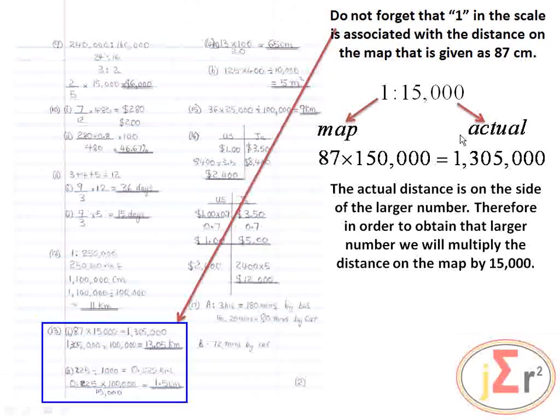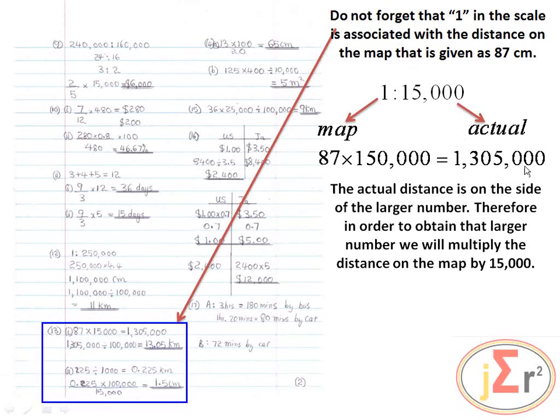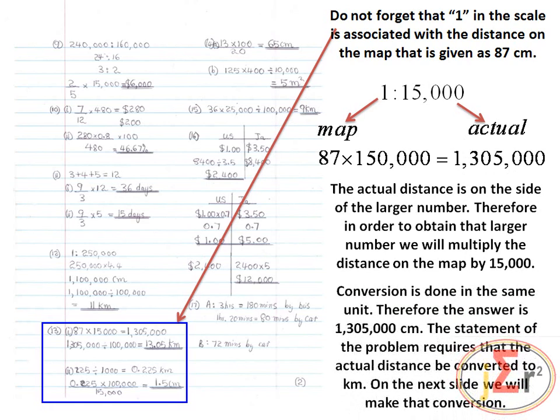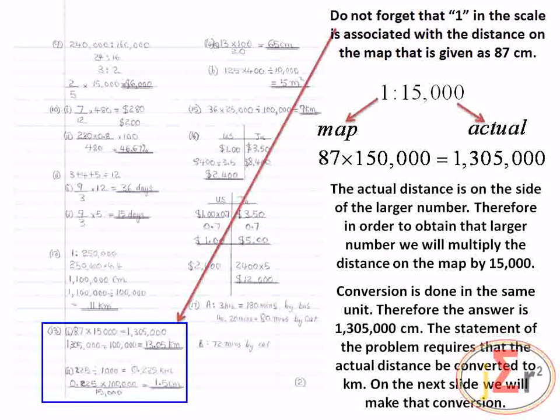Therefore, this is representing the actual distance in centimeters. Conversion is done in the same unit. Therefore, the answer is 1,305,000 centimeters. The statement of the problem requires that the actual distance be converted to kilometers.